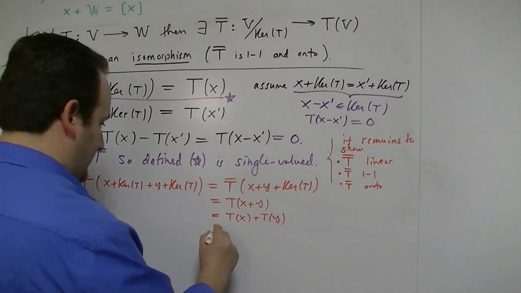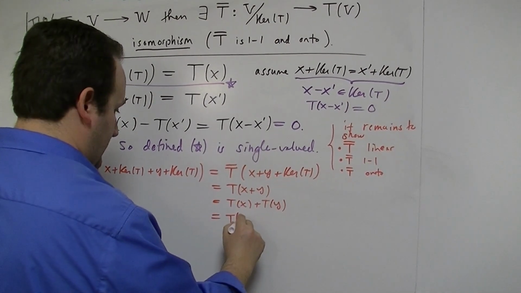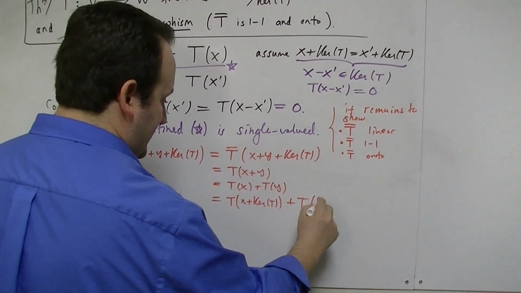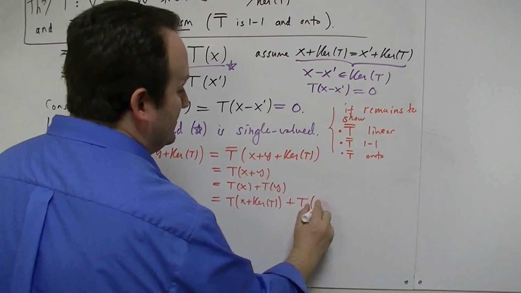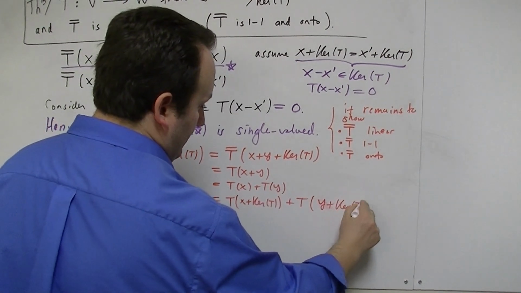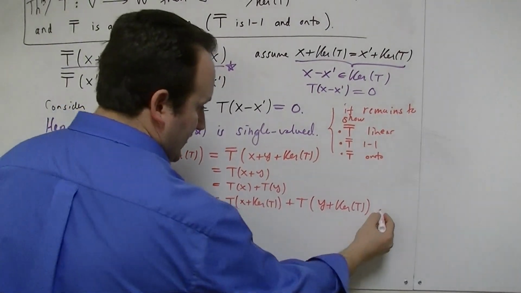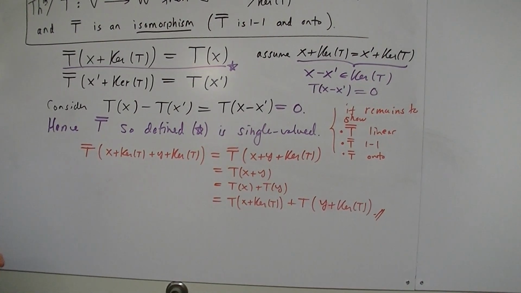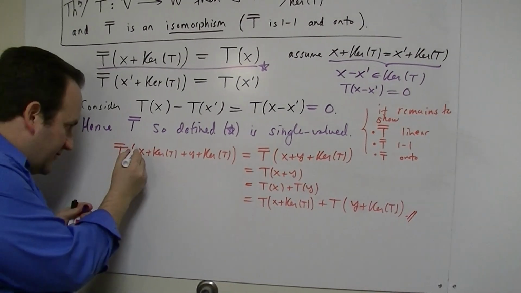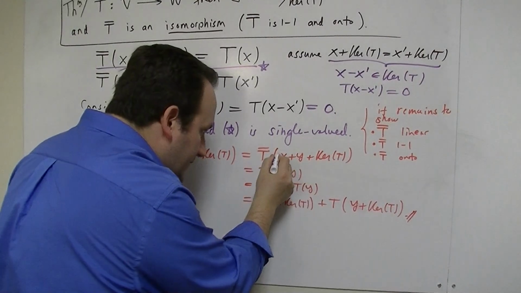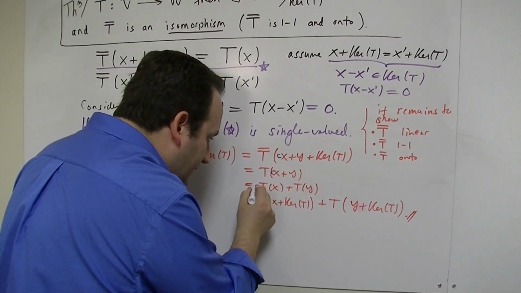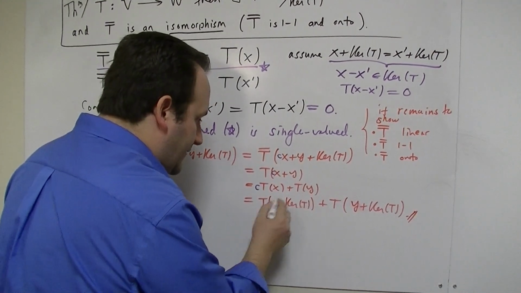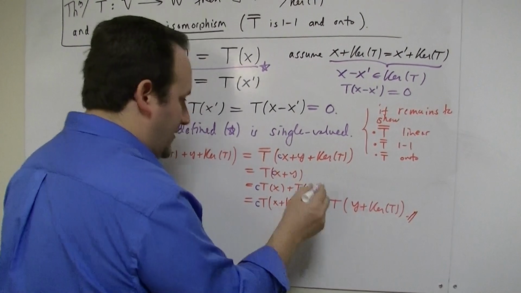By definition of T bar, that's T bar of x plus kernel T plus T bar of y plus kernel T. Hence T bar is additive. And the proof of homogeneity is as simple as slapping a c here, here, here, and there. So T bar is homogeneous.